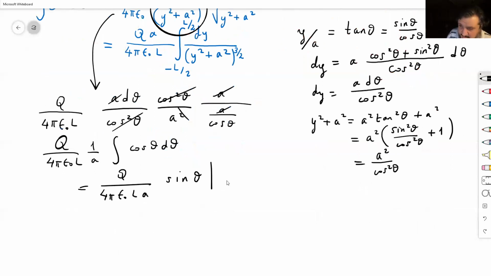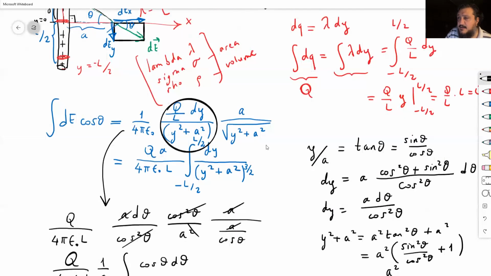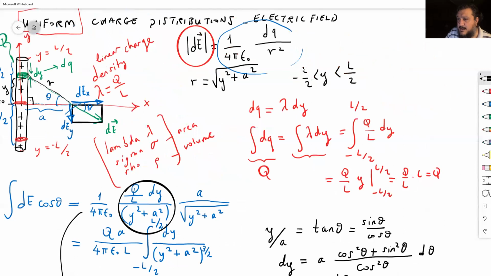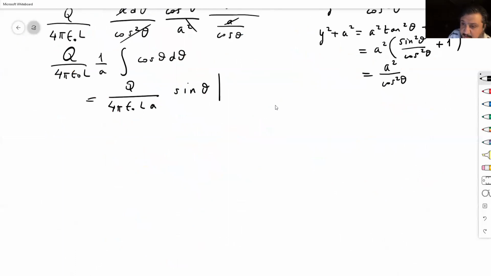Okay, limits. Now, lower limit and upper limit. Now, those limits were in terms of y, negative L over 2 and positive L over 2. It's okay. We can just write them in terms of theta, right? So let's say lower limit, higher limit.